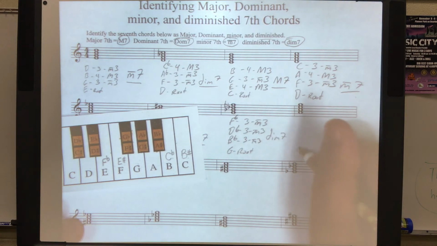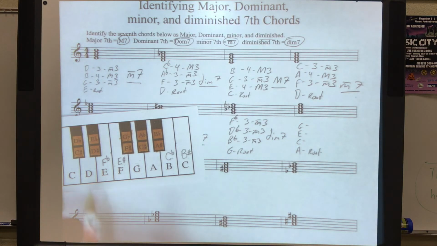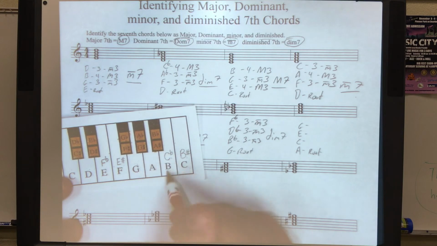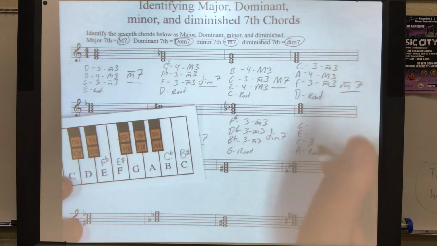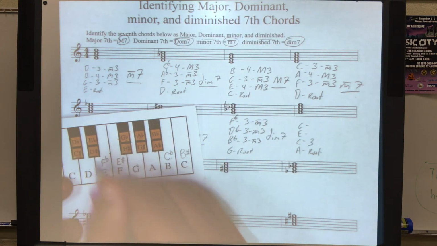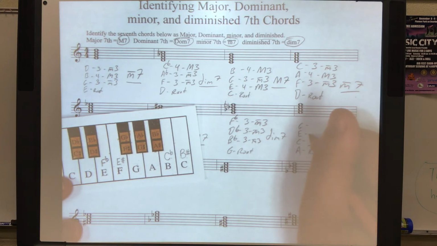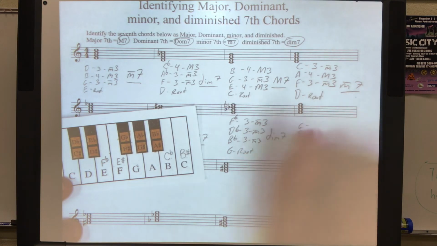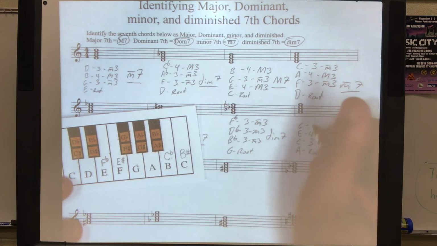Got A, C, E, G. A is the root. Then we're going up. C, 1, 2, 3. C to E, 1, 2, 3, 4. And E to G, 1, 2, 3.